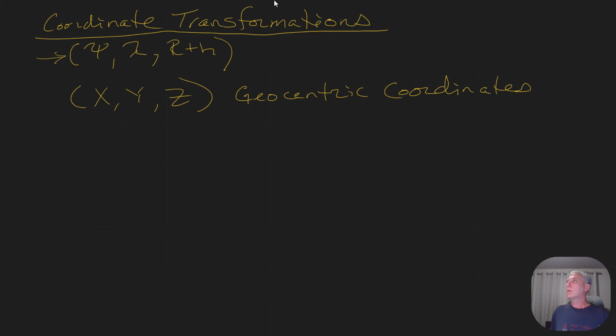And this form in our book, as well as any NGS documentation, they refer to as LBH. And that is because, this is German. Lange, Breit, Hohe, is what it's called.